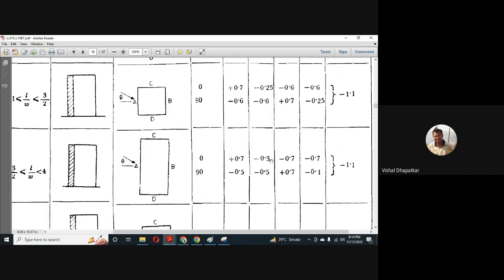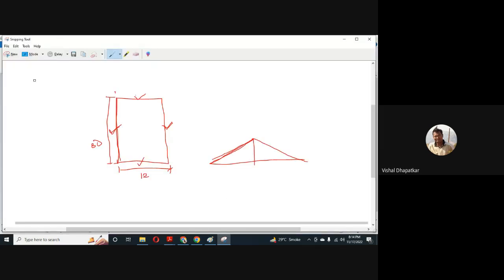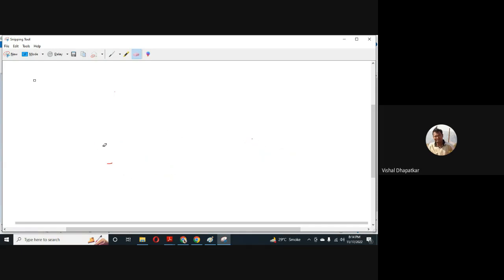Now can anyone tell me what this plus and minus sign denotes? Yes, it is showing direction, but what is actually happening here? If 0.7 is acting in this direction, the load is acting in this direction, but why are we showing it as negative? What will be the direction? I'll draw two sketches, and you tell me which one is correct, based on the sign convention.